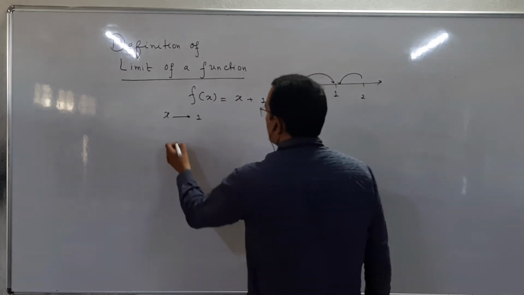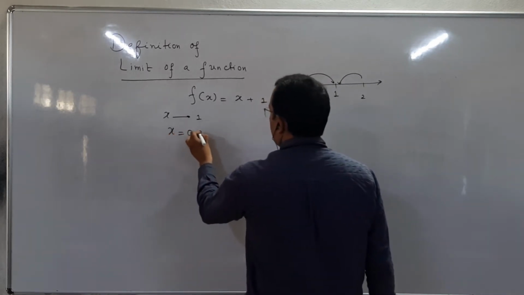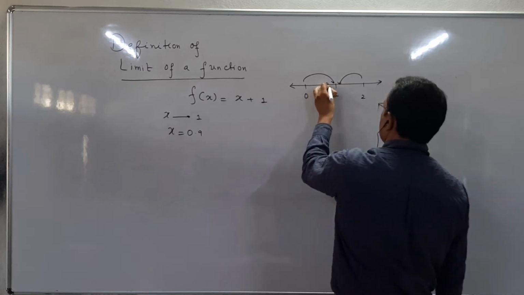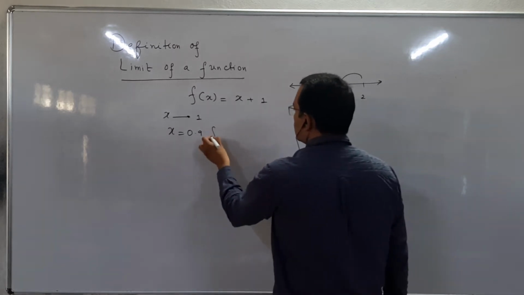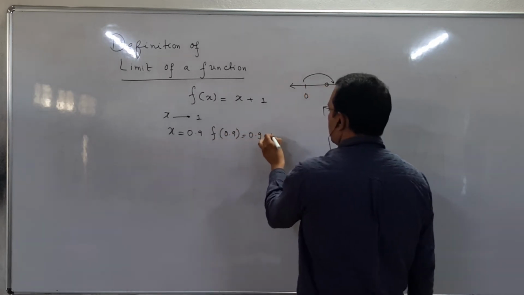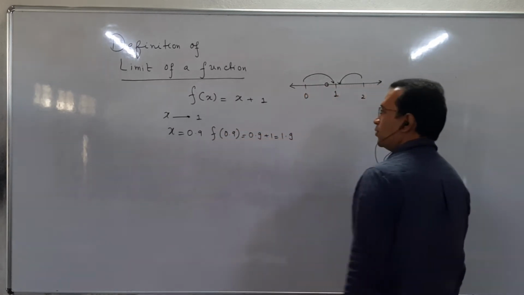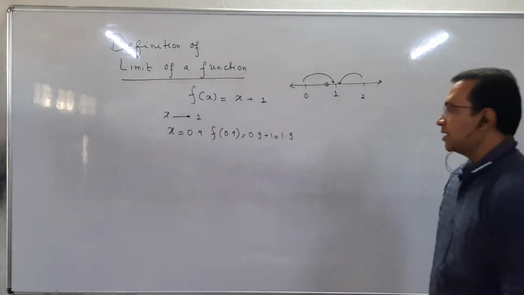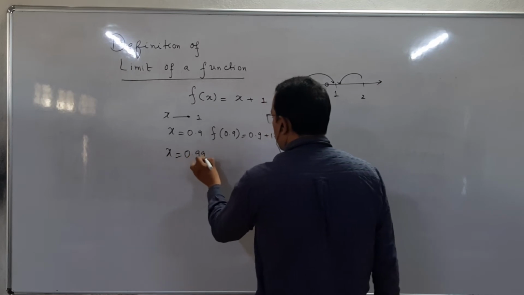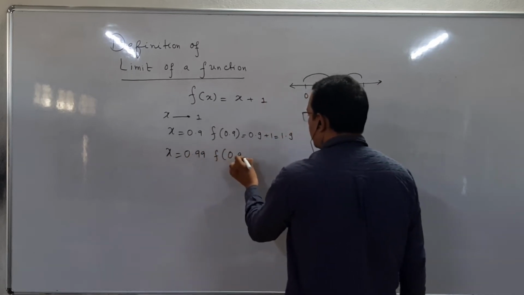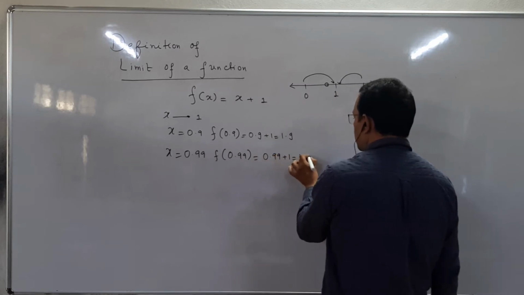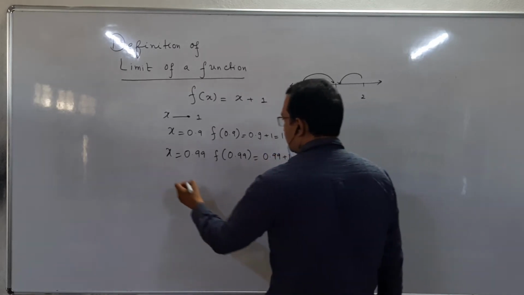So suppose I take x = 0.9. So here somewhere, isn't it? Then what is f(0.9)? It is 0.9 plus 1, which is how much? 1.9. Then students, I take x as 0.99. Then what is the functional value at 0.99? 0.99 plus 1, so it is 1.99.